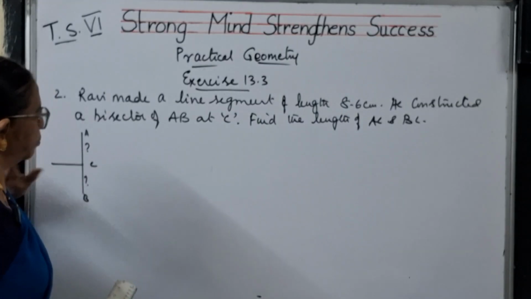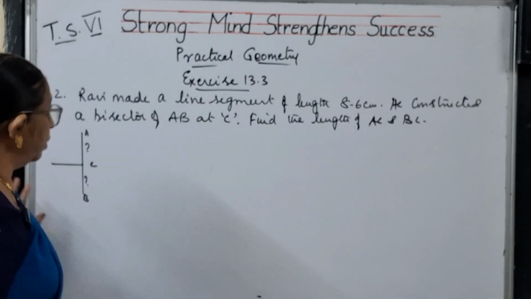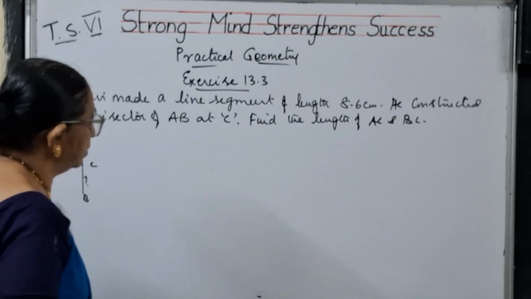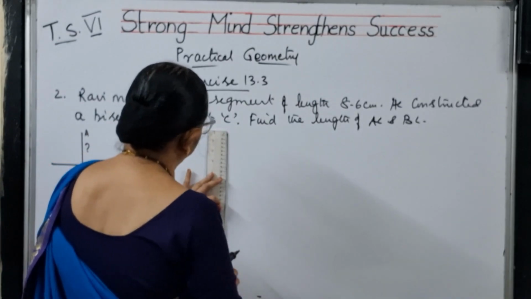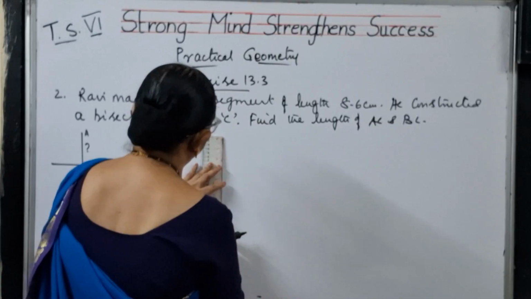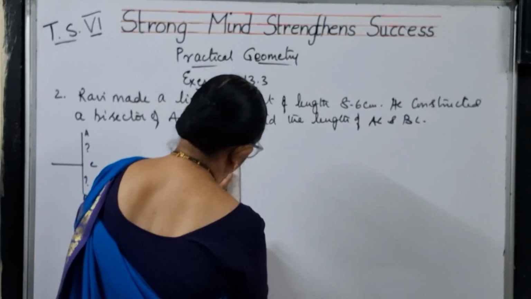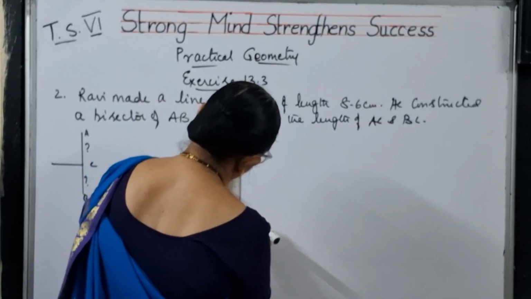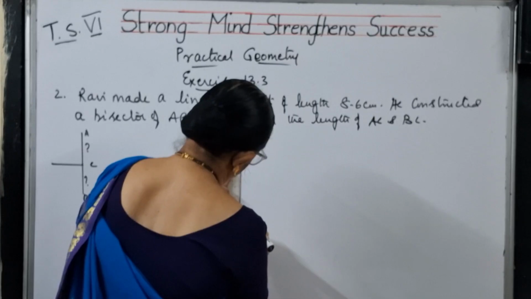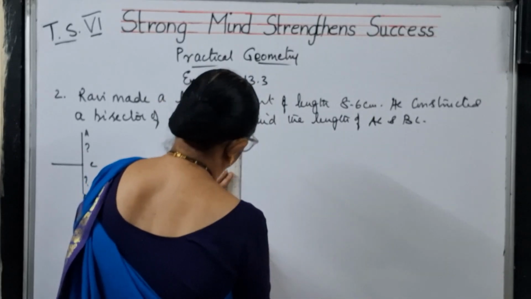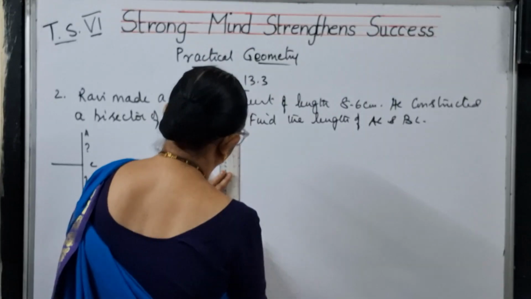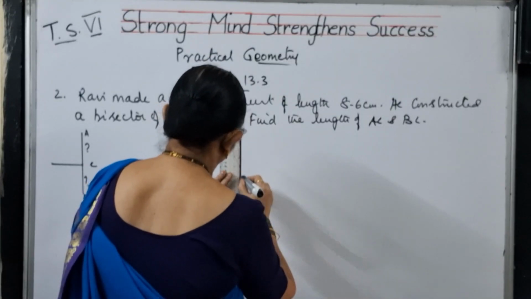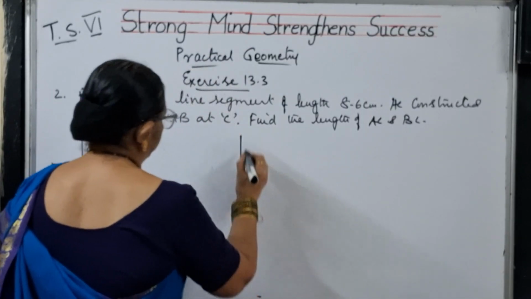So for this, it is possible only when you draw a line segment of length 8.6 centimeters. So let me draw first a line segment. This is the 8.6 centimeters line segment.